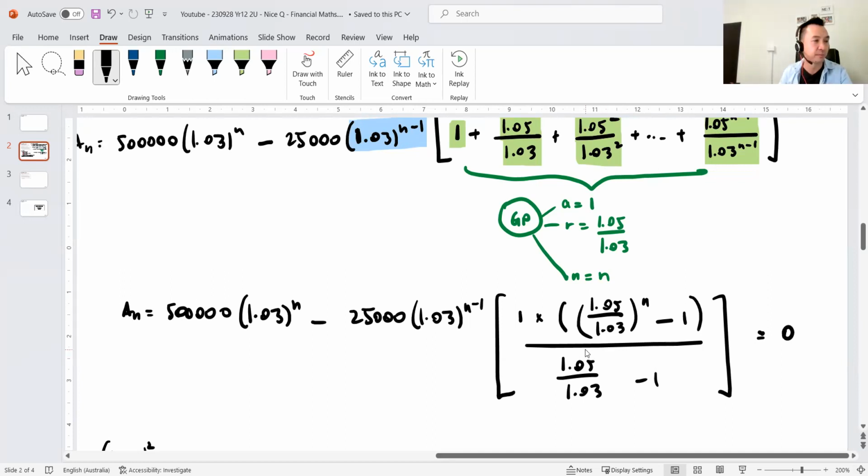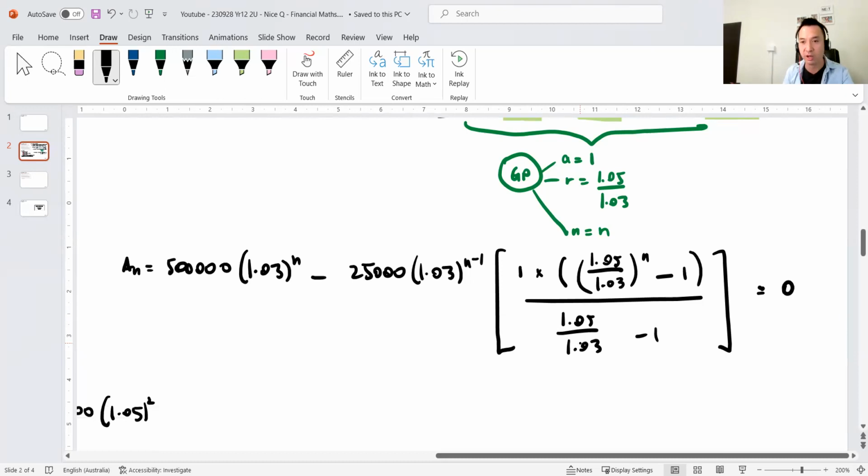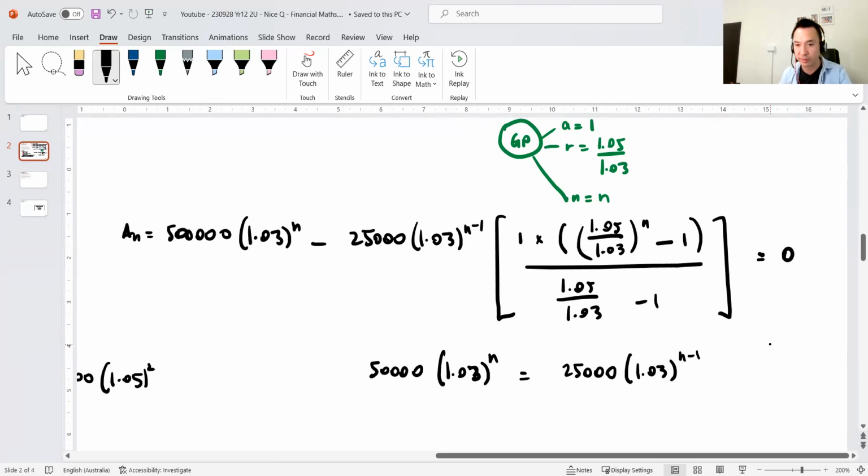If I throw this guy over the fence, I get 500,000 times 1.03 to the power of n equals 25,000 times 1.03 to the power of n minus 1. Now that one goes away, and it just looks like this messy big bracket of 1.03 to the power of n minus 1 all over 1.03 minus 1.